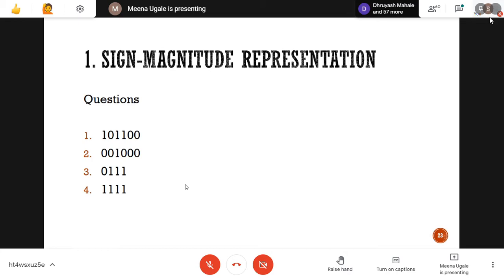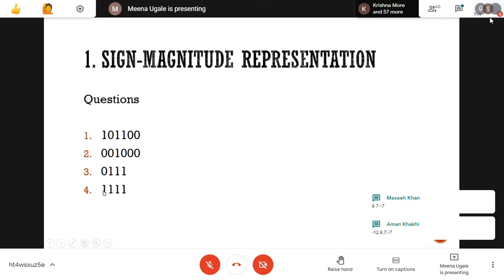So don't consider that for calculating your magnitude. Okay, Mitesh has given the same answer as Shubham. If anybody is confused, please see here. The MSB represents the sign bit. Don't count the MSB for calculating the decimal equivalent. The remaining bits represent your magnitude.